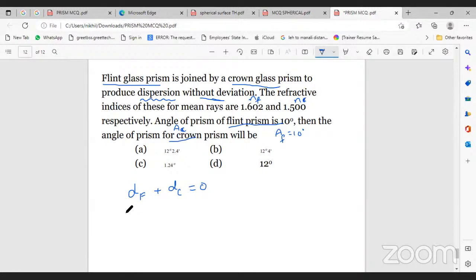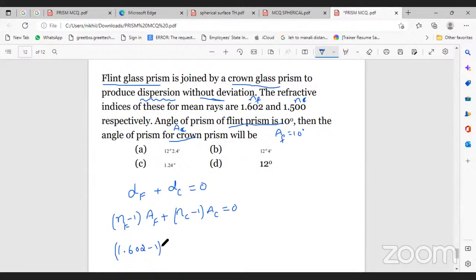Deviation formula is given by n minus 1 into A, right? This is with respect to flint, plus refractive index of crown glass minus 1 into angle of the crown glass prism is equal to 0. Refractive index of the flint glass prism is how much? 1.602, no?